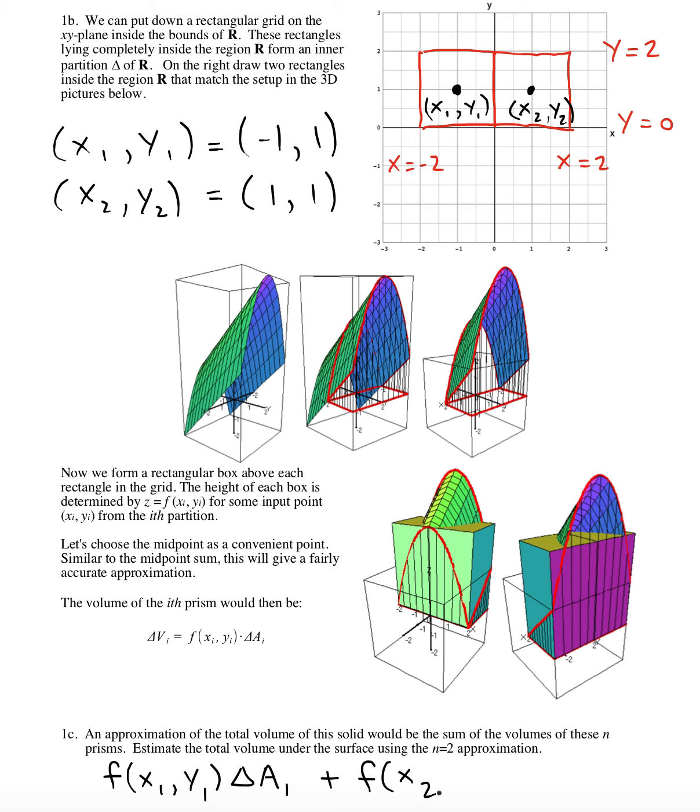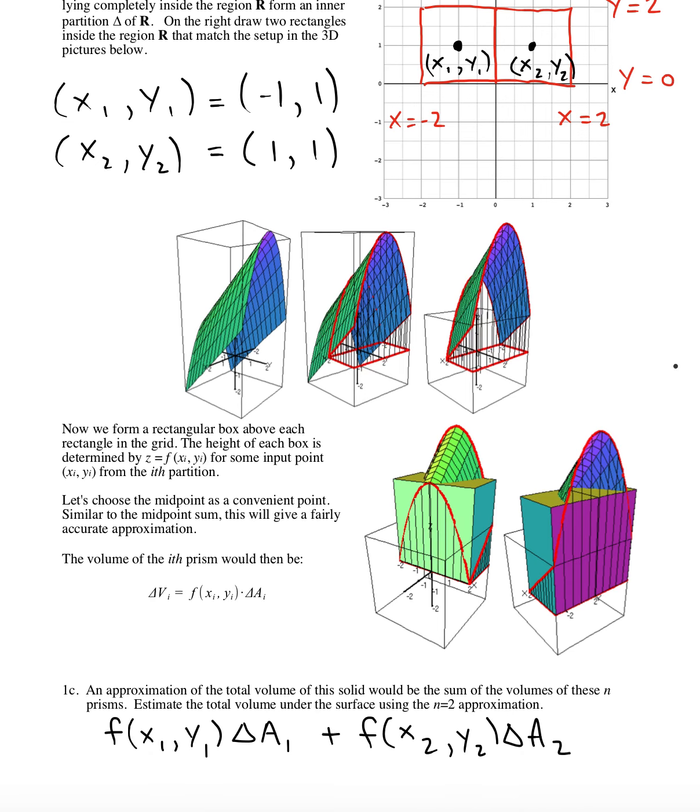Then we'll multiply f of x2 comma y2 times delta A2. All right, so f of negative 1 comma 1 would be 4 minus negative 1 squared plus 1, which is 4. And f of 1 comma 1 would be the same.